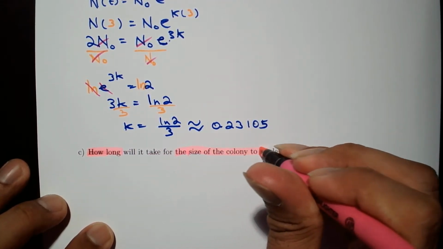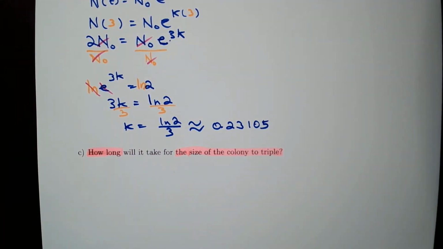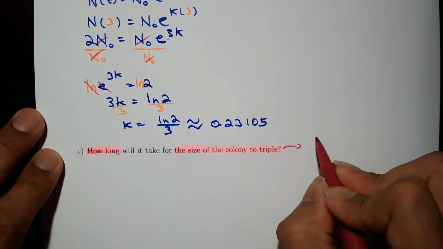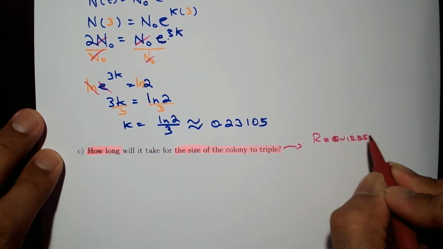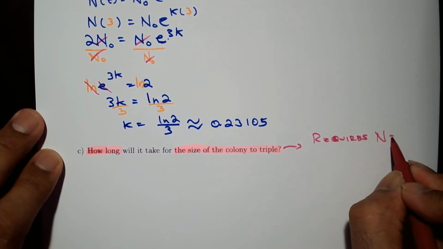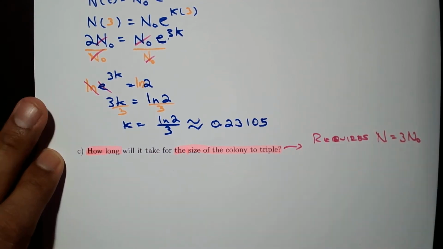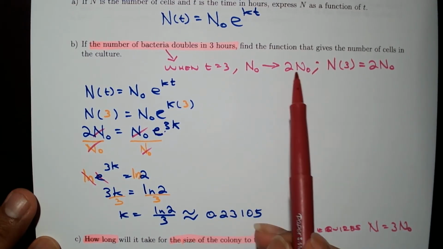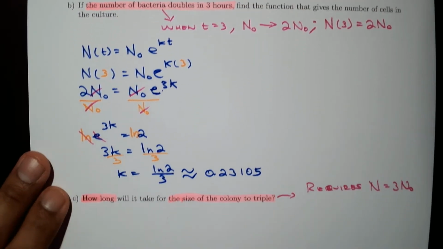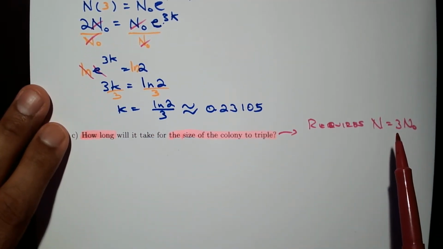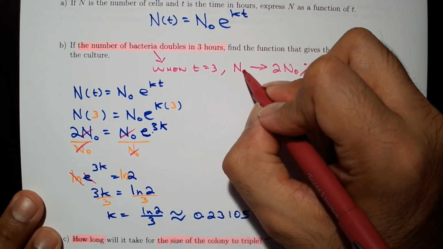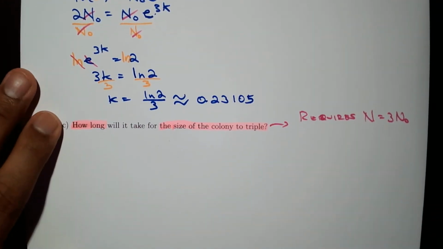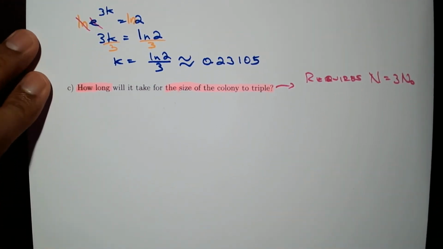The size of the colony to triple, in other words, requires that N becomes 3 N initial. In the previous case, we did doubling, which is 2 N initial. This time it will become 3 times as much.